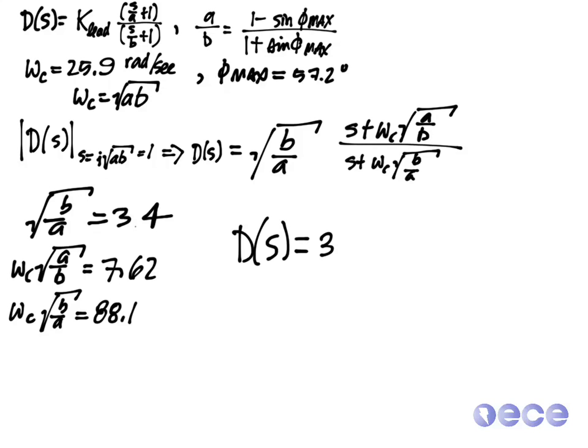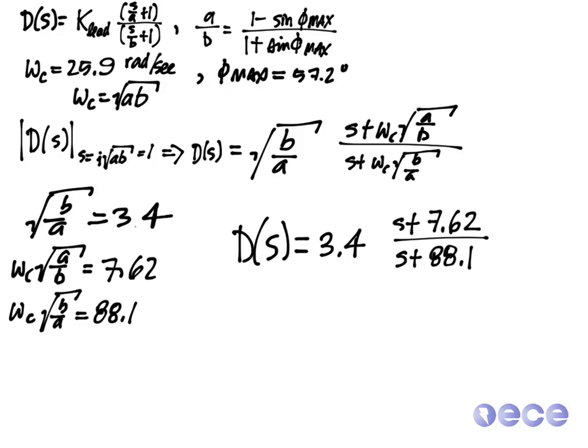So our controller D(s) is equal to 3.4 times (s + 7.62) over (s + 88.1).